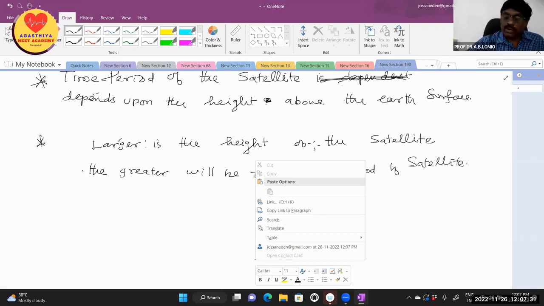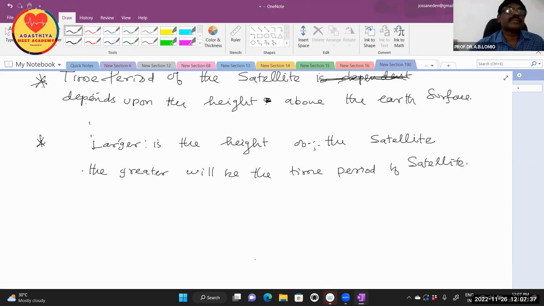Next terminology is the height of the satellite above the Earth's surface.